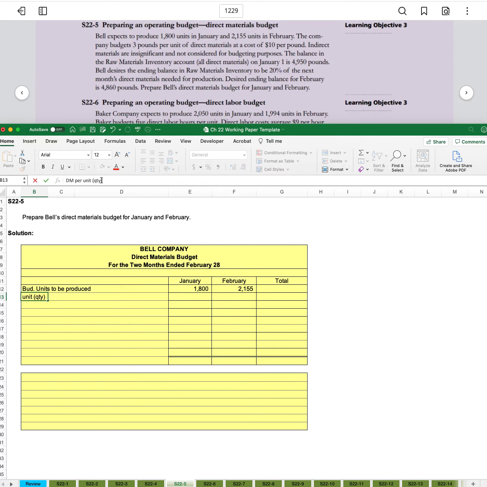And in this case, that's pounds. So 3, get rid of these dollar signs. And if we take the budgeted units to be produced times the direct material per unit, that's going to give us direct materials needed for production.